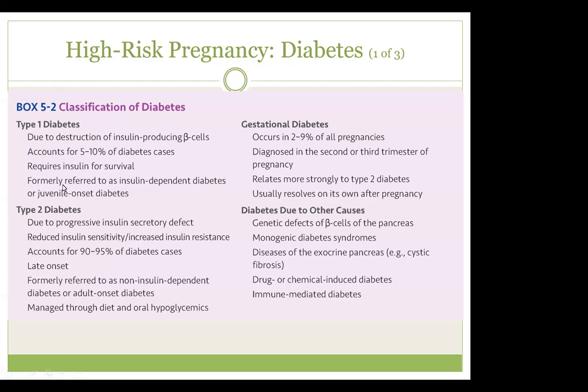Okay, so type 1, type 2 diabetes, those can happen anytime. Type 1, insulin dependence. Type 2, diet, exercise, sometimes oral hypoglycemic drugs. Gestational diabetes usually can be controlled by diet, and it usually goes away when the baby is born.